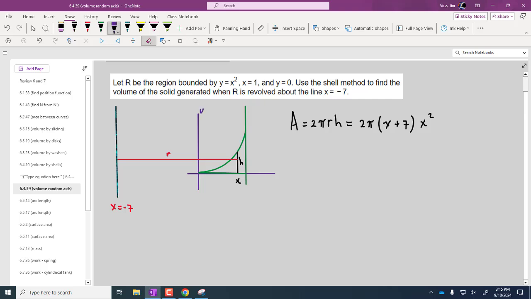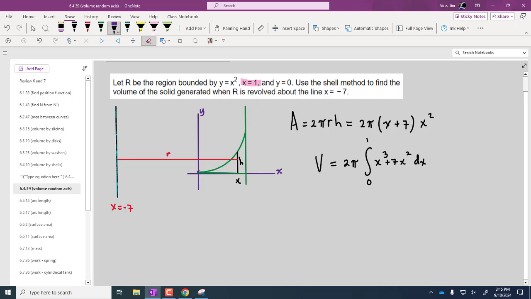Any questions on that setup there? So all we do is integrate that. And what are the limits of integration going to be? 0 to 1. So we're going to have this as our integrand. And limits of integration are given. So that's x equals 1 right there.